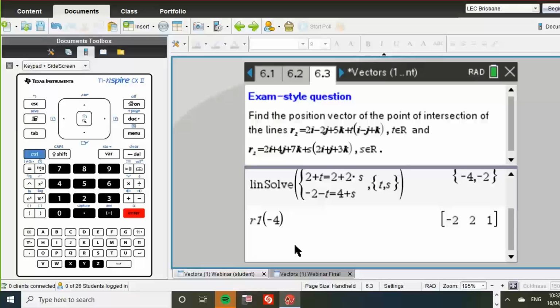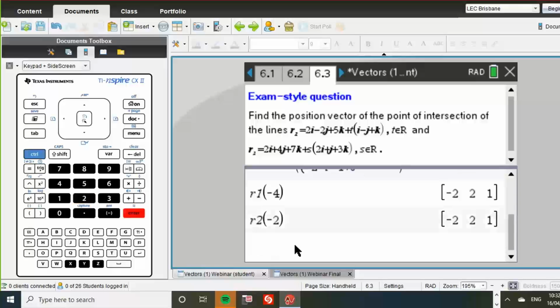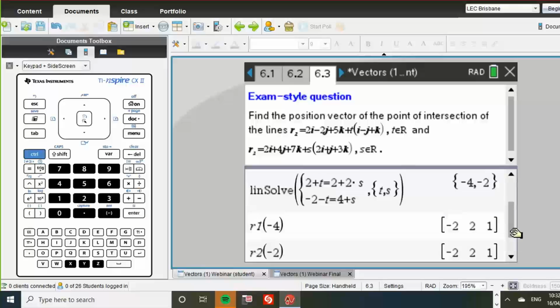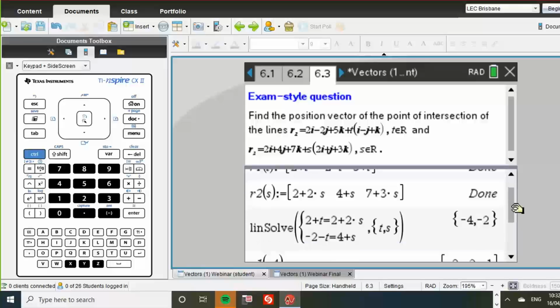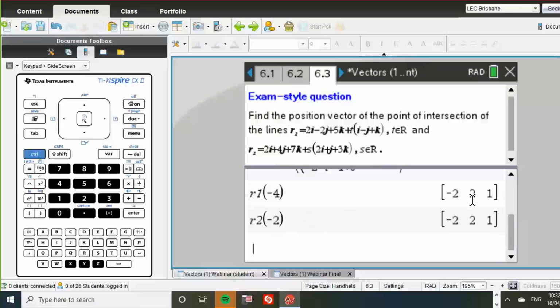And if I type in r2 of -2, press Enter, we get the same vector. So what we've done there is verify that the values for t and s hold in the third equation, and therefore the position vector of the point of intersection of those lines is that there.